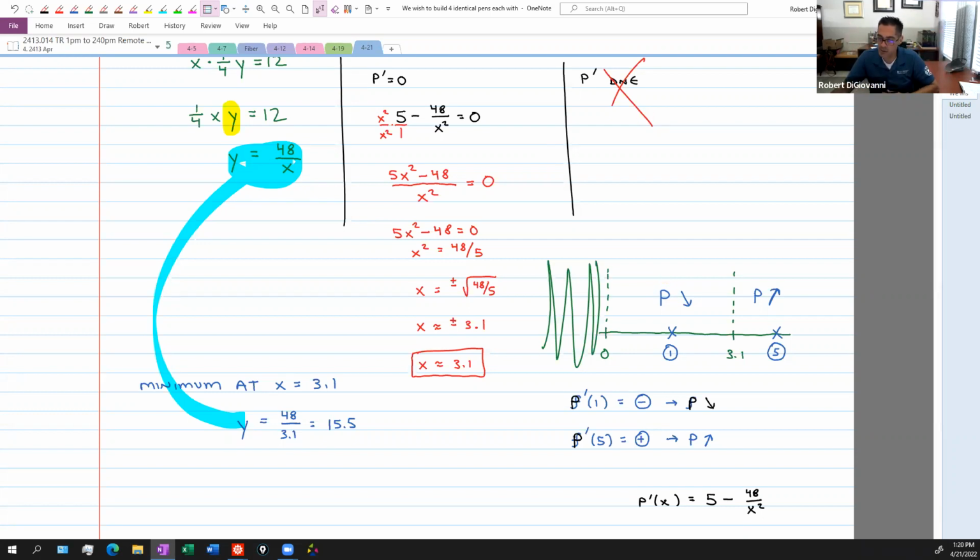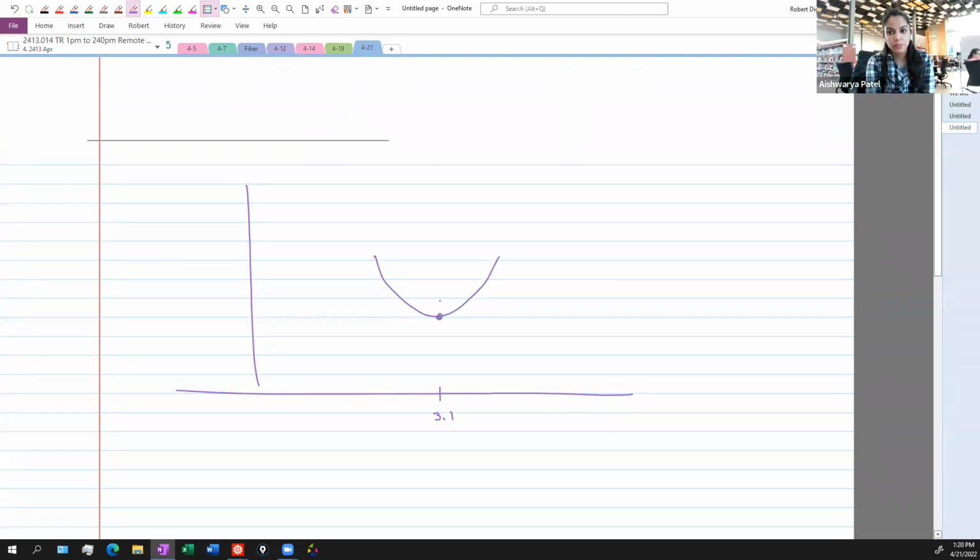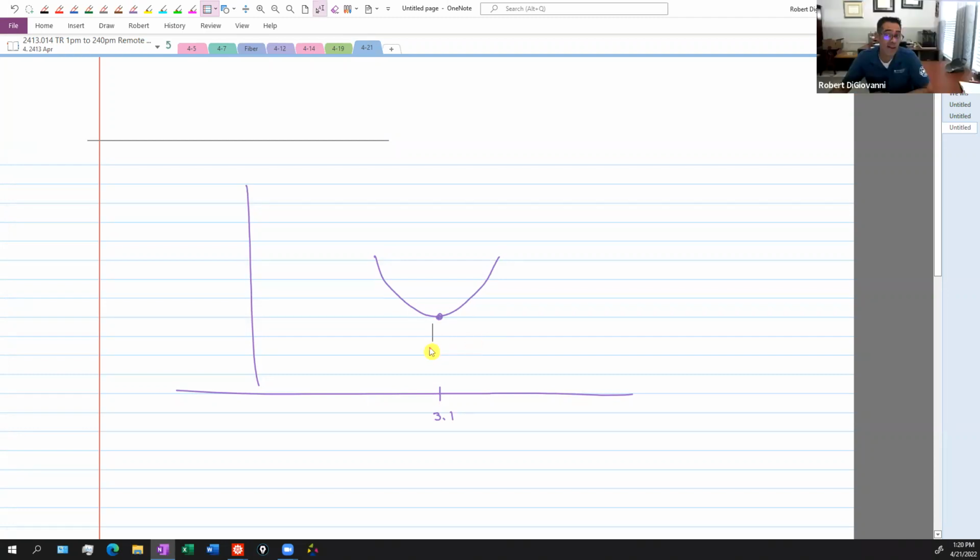So think about it. I think you understand, but think about it. What we're saying is this: at 3.1, if we were to graph this function, it goes down and back up like that, right? Yes. Okay. If there was a lower point anywhere on the graph, let's say there was a point lower over here, I would have to get to it, right? Which means I'd have to come back down and back.